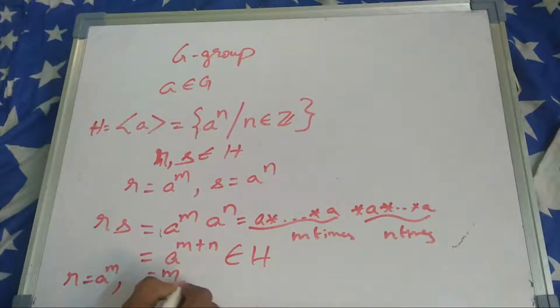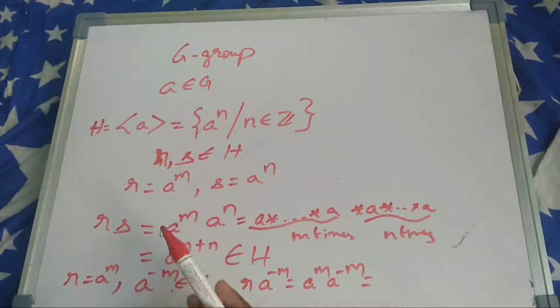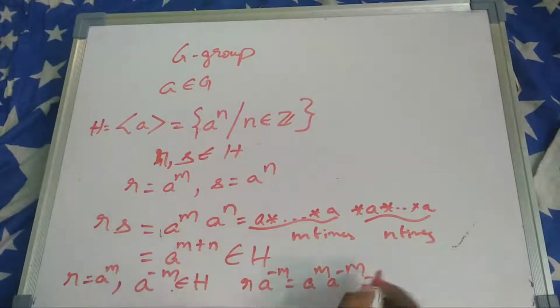So clearly this belongs to H, because m is an integer, so minus m is again going to be an integer. Now r times a power minus m is going to be a power m, a power minus m. By just now we saw that a power m into a power n is a power m plus n, and this is going to be a power 0.